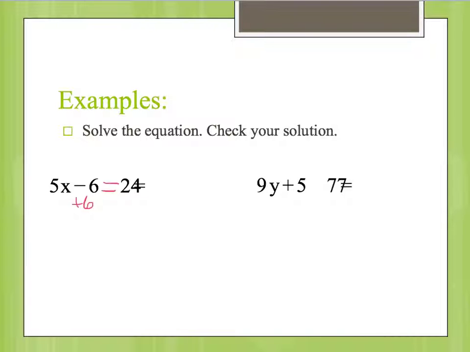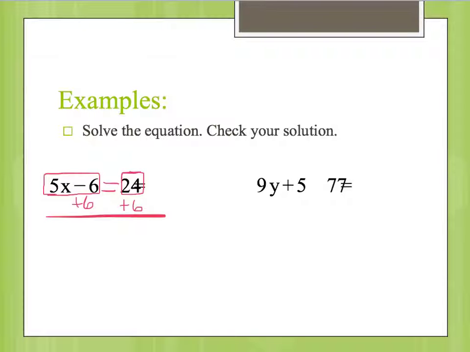And when we're working algebraically, we want to do the same thing to both sides of the equation, because if we do the same thing to both sides, the equation stays in balance. So if I add 6 to the left-hand side of the equal sign, then I also have to add 6 to the right-hand side.